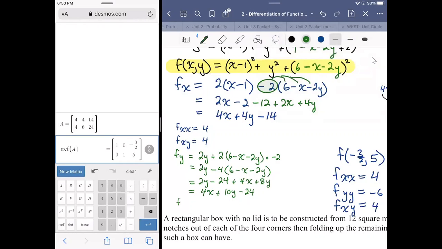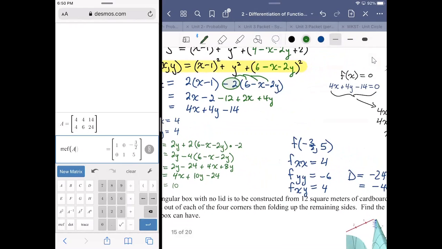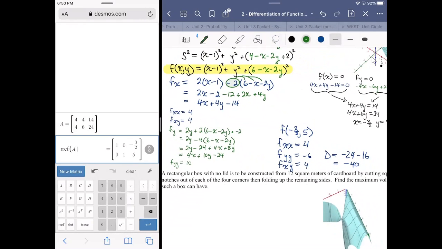So f sub yy is going to be equal to a clean 10 there. All right. So that's going to change this. And so x, y, y gives you a 40 minus the 16, still minus 16 barring any catastrophic error, is going to give you 24, which is a positive value.